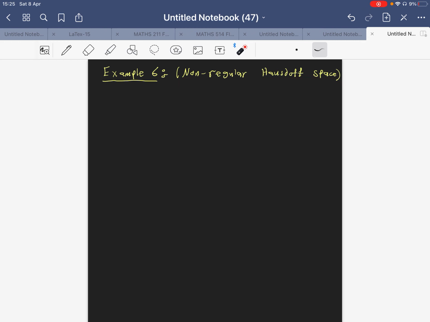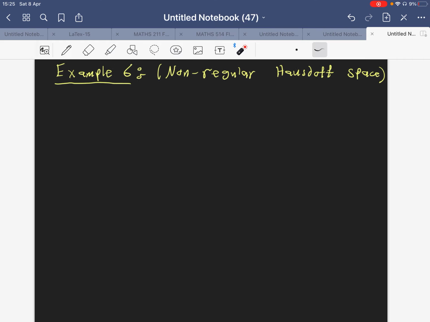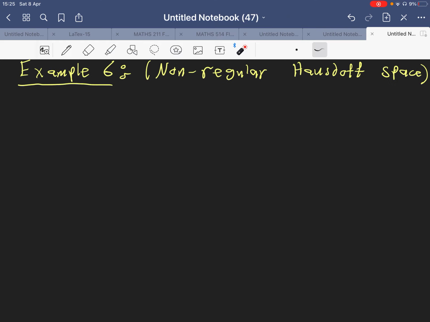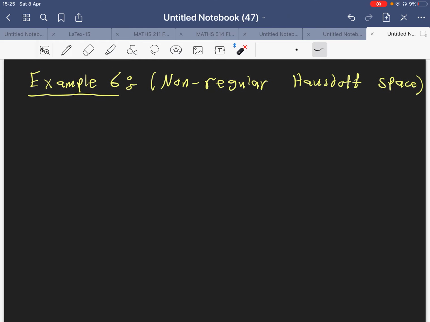Now, this space will be a special space, and we will use, of course, the Euclidean topology on the real numbers, but we will add more open sets. So, consider the space called R_K.